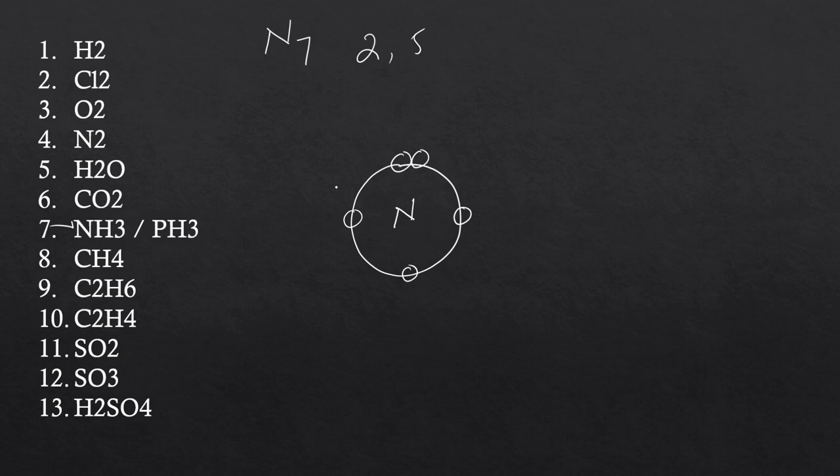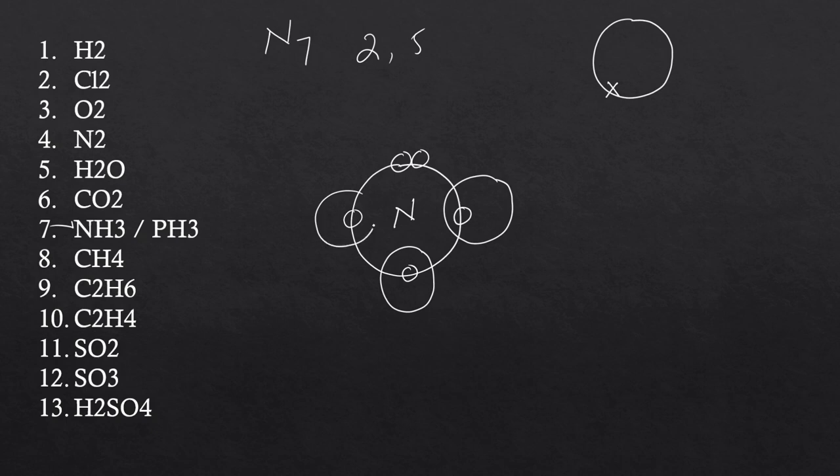There are 3 hydrogens. Each hydrogen has only 1 electron. So I will draw the structure here, one hydrogen, another hydrogen, and the last one is here. So I need to draw the electron here.